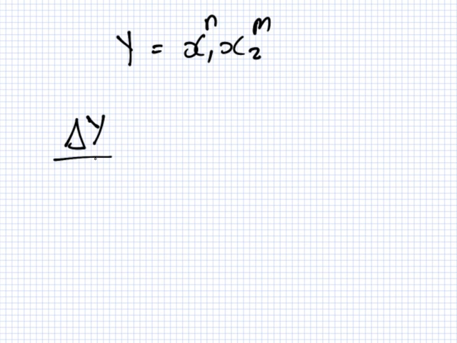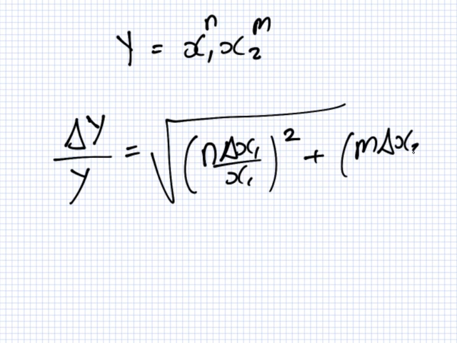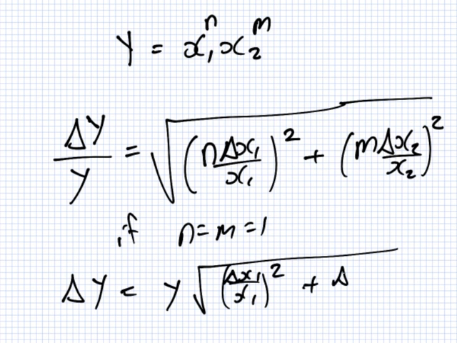Uncertainty of y over your value of y equals the square root of n uncertainty of x1 over x1 squared plus m uncertainty of x2 over x2 squared. So for example, if n equals m equals 1, then delta y equals y times the square root of delta x1 over x1 squared plus delta x2 over x2 squared.